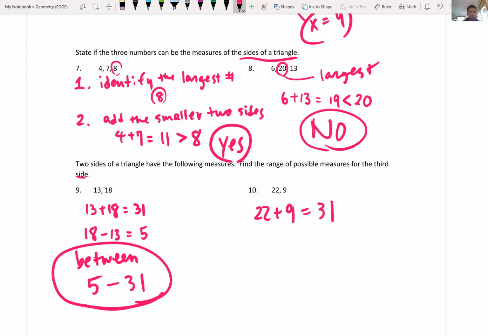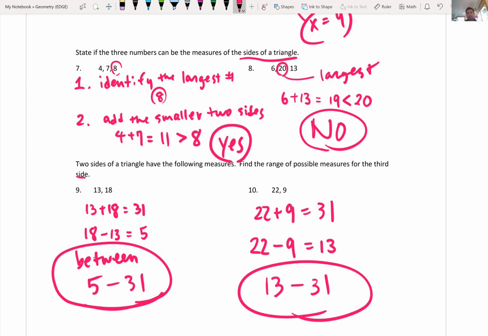Again, 31 just happened to be the same number as before. But you subtract 22 minus 9, what is it, 11? No, 13. So the range will be 13 through 31. Okay.